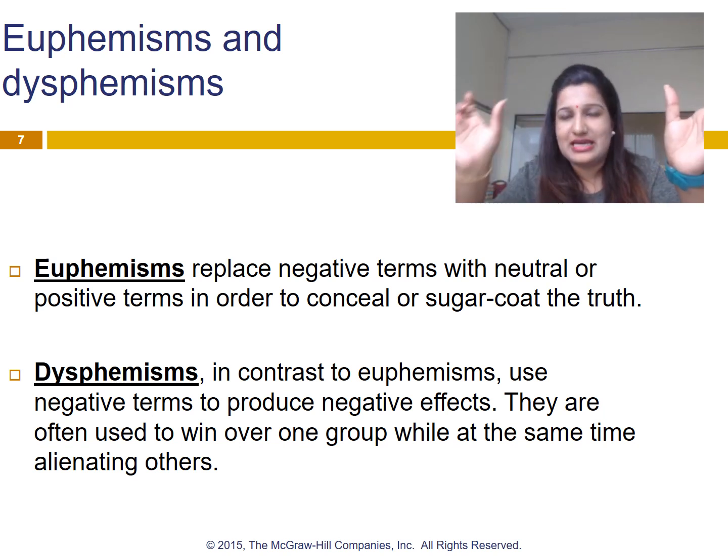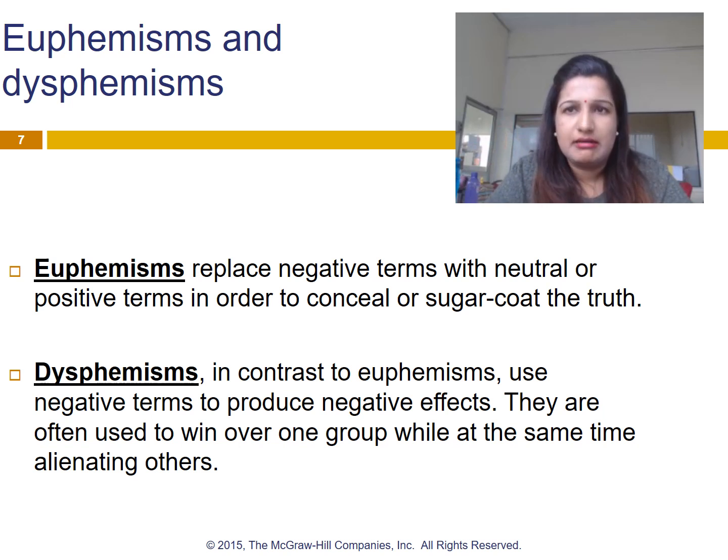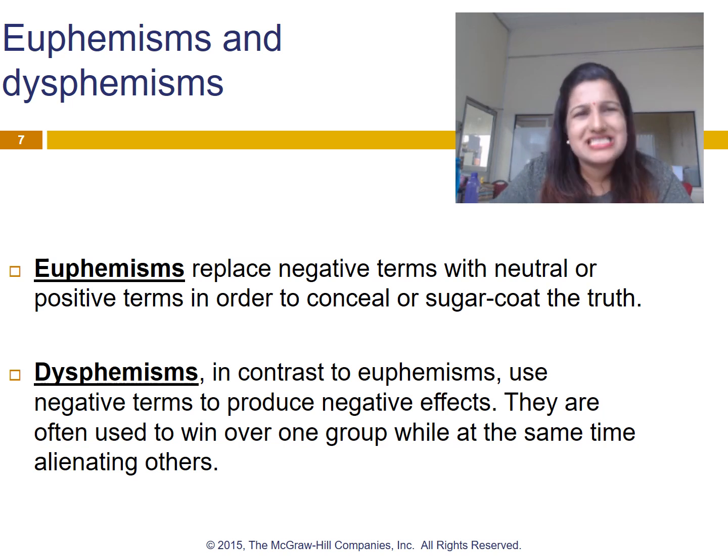So positive, negative, negative, negative. All right. So why do they use them? They are often used in order to win over a group, maybe, or in order to make other people feel isolated, to champion at certain areas.